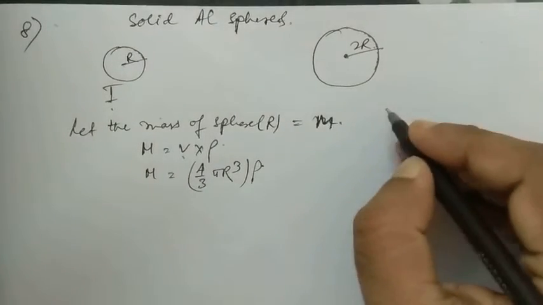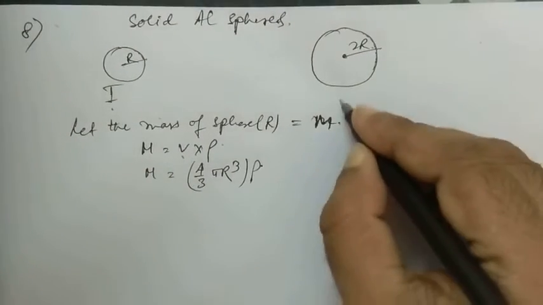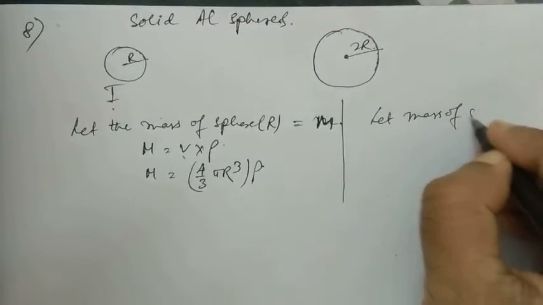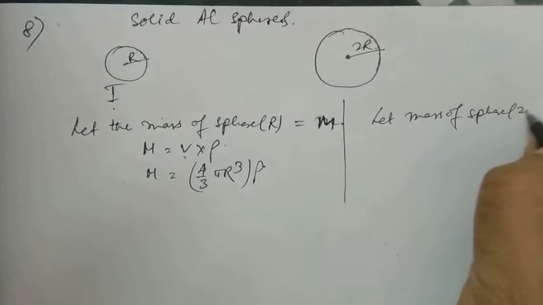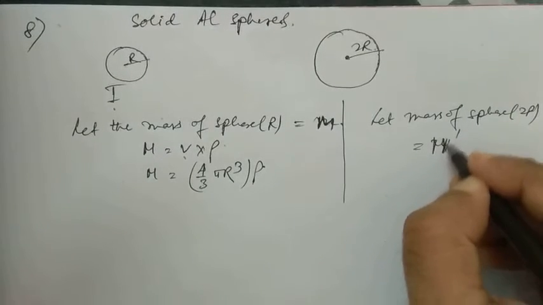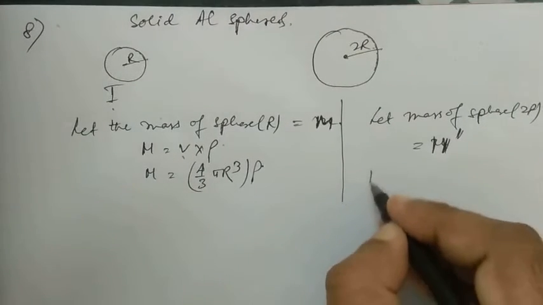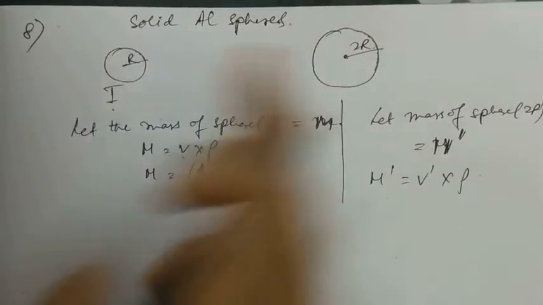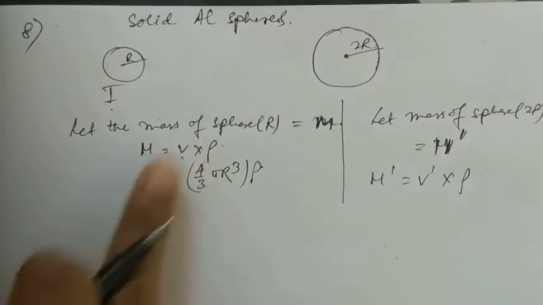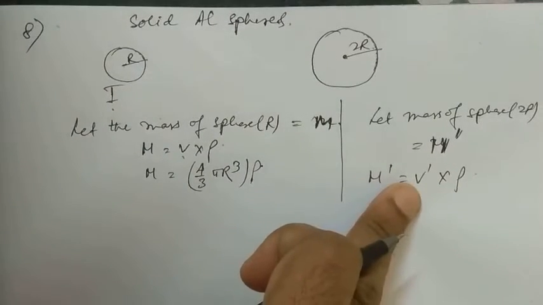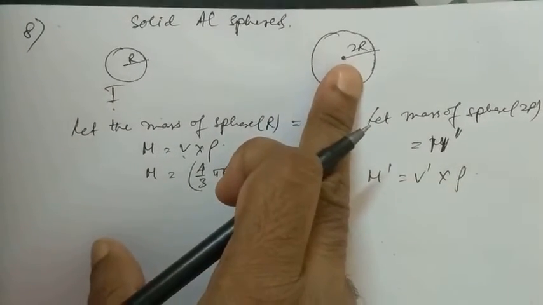Similarly, let the mass of the sphere of radius 2r be m dash. Now again m dash is equal to v dash into rho, because both the spheres are made of aluminium. So the density rho will be the same. The mass will be different as the volume occupied will be different as the radius is 2r.